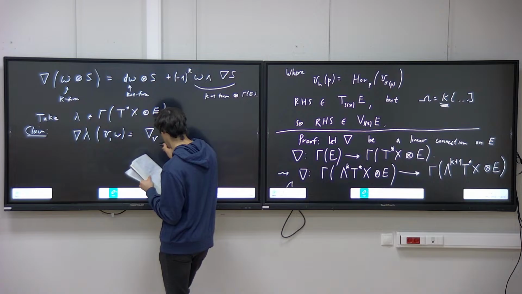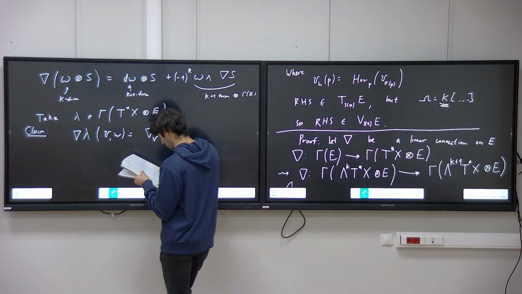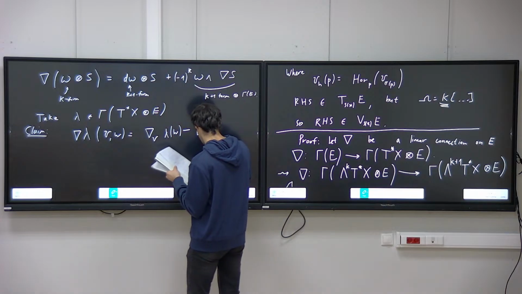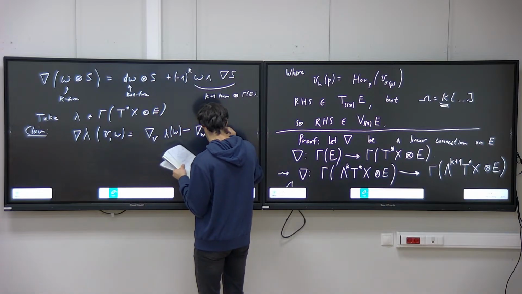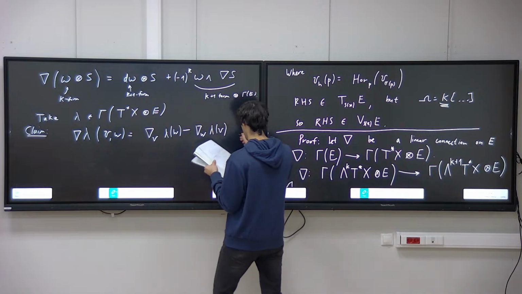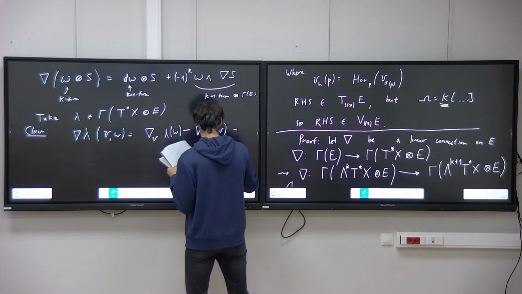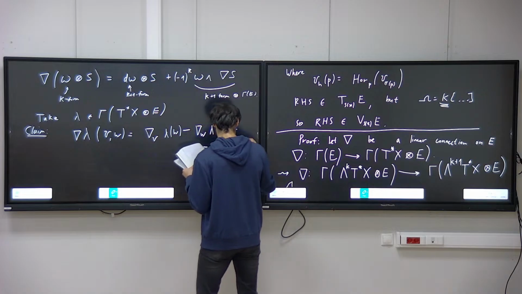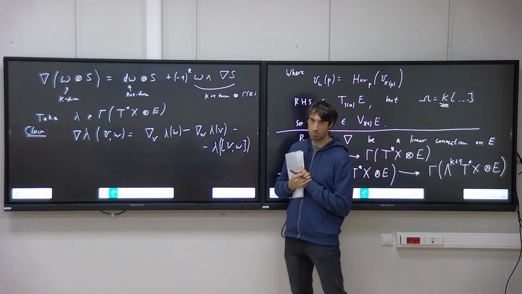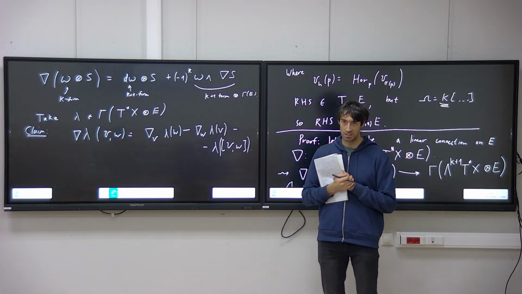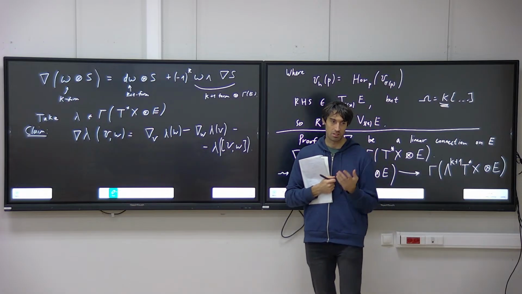This will be nabla V of lambda of W minus nabla W of lambda of V, and then minus lambda of the commutator. So it's a familiar formula if you replace nabla with d, and it's just a generalization of this.